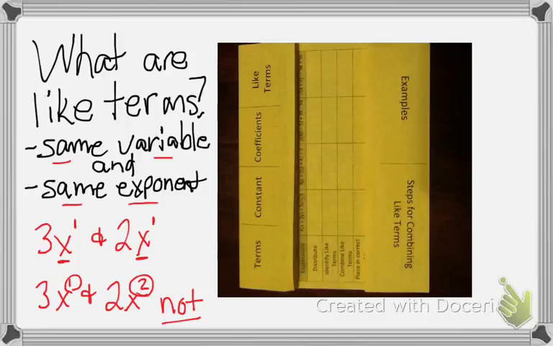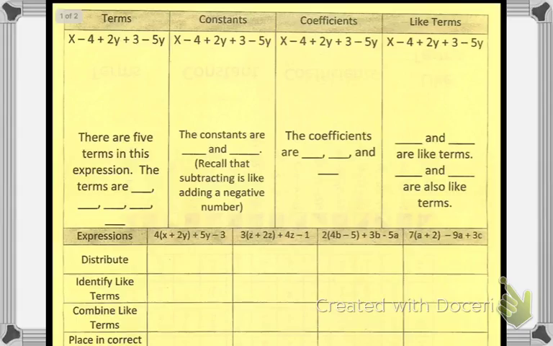If you will take your foldable and fold like this, like window shutters, we're going to leave that middle part open. Okay, let's take a look at our terms. We have this expression. Notice it's the same expression all the way across.